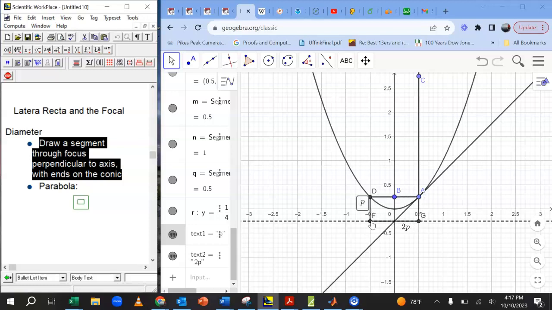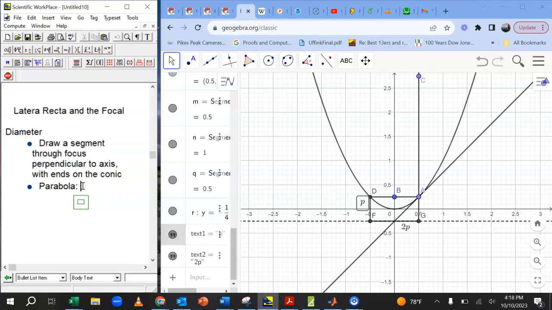This is P. This is P. This whole thing is 2P. Everything is either P, 2P, or 4P. And so the length of the whole latus rectum has length 4P, and that's called the focal diameter.